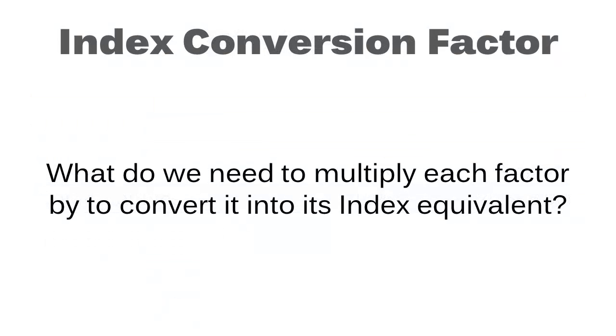So what we need to do for each of the factors is find out what we have to multiply each factor by to convert it into its index equivalent. So if we have 100 calls in a zip code, what are those calls worth in terms of index units?